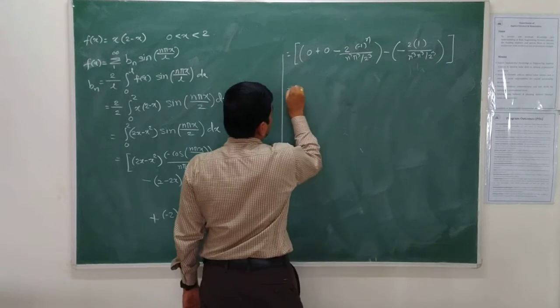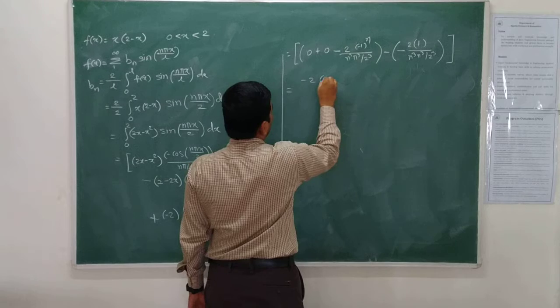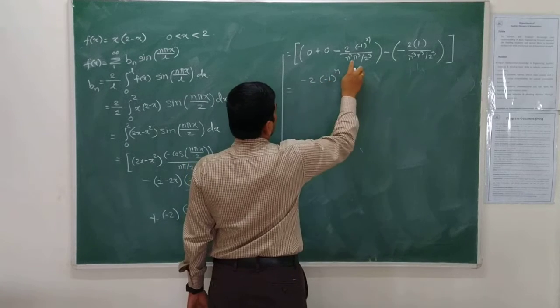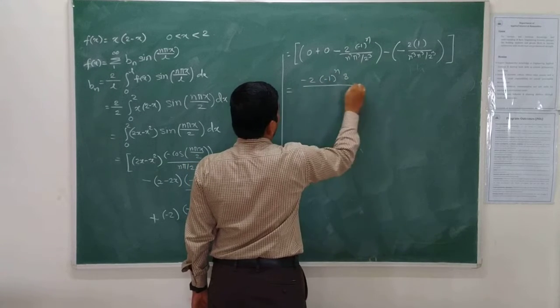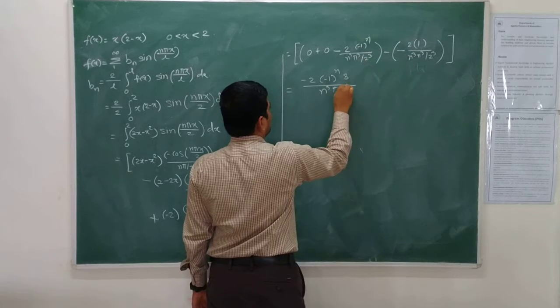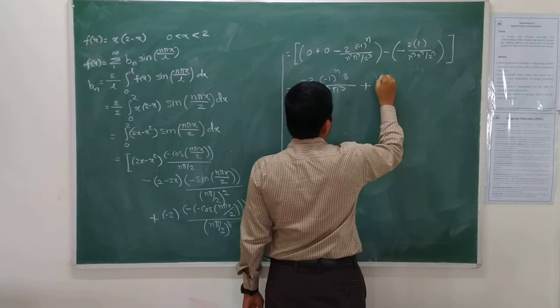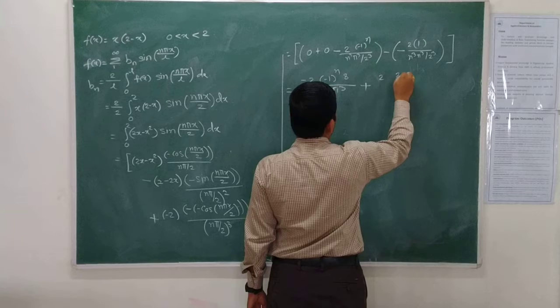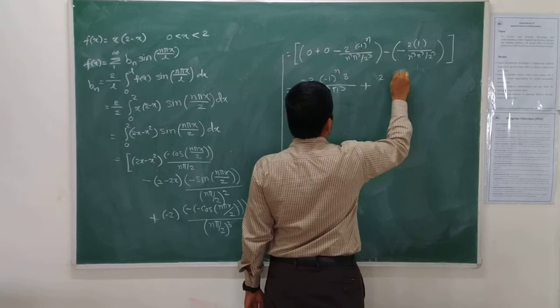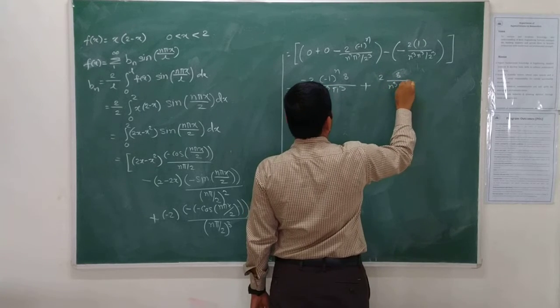On simplification of this, we get minus 2 into minus 1 raised to n, this becomes 8 upon n cube pi cube. Minus minus becomes plus 2 into 2 cube, that is 8 divided by n cube pi cube.